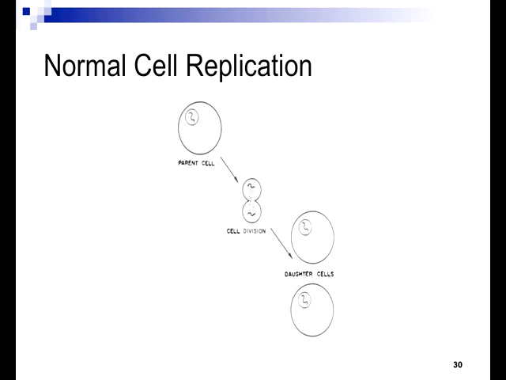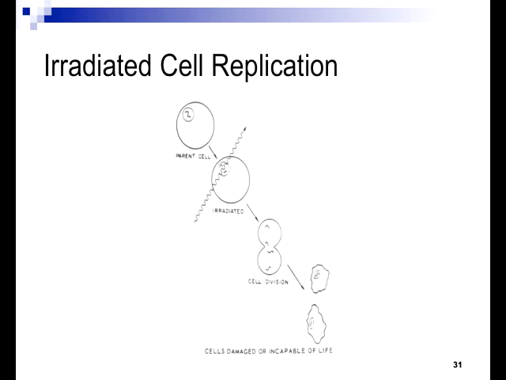And they go through this process. If you have a parent cell, it divides, and you have two daughter cells that are identical to the parent cell. And this, again, is occurring in all of us as we speak, millions and millions of times right here as we're sitting. Now, if you have ionizing radiation present, what will occur is that cell division that normally takes place is not going to happen.